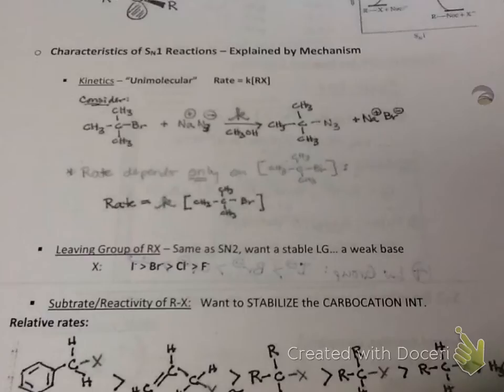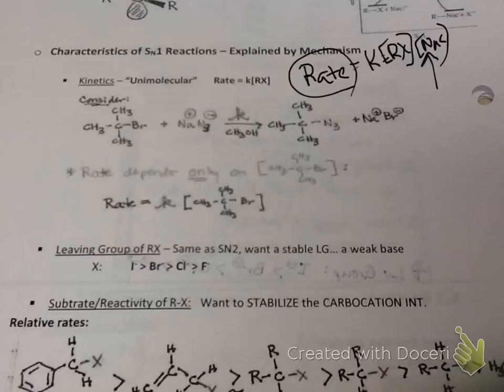This is different than the SN2 mechanism. Remember, for the SN2 mechanism, the rate equation for the slowest and only step is k times [RX] times the nucleophile concentration. The rate depended on both the alkyl halide and the nucleophile. So if I doubled the concentration of the alkyl halide, I double the rate of the reaction. If I double the concentration of the nucleophile for SN2, it also doubles the rate of reaction, where it didn't for the SN1.